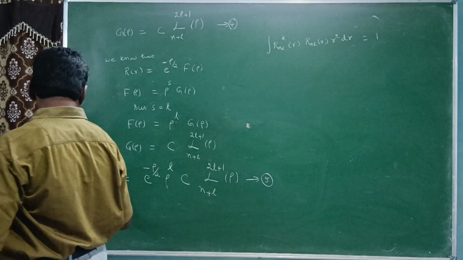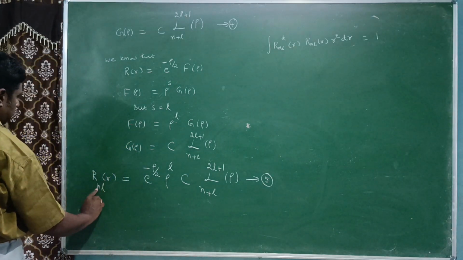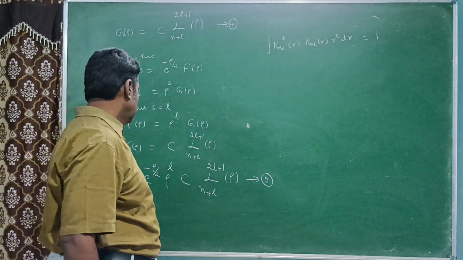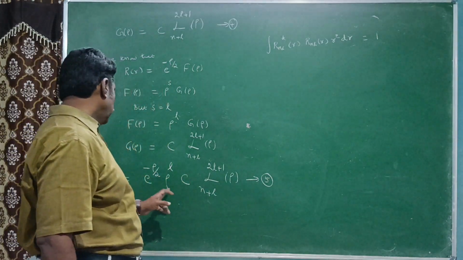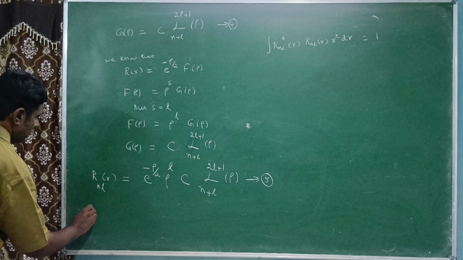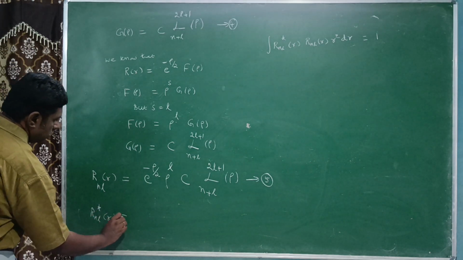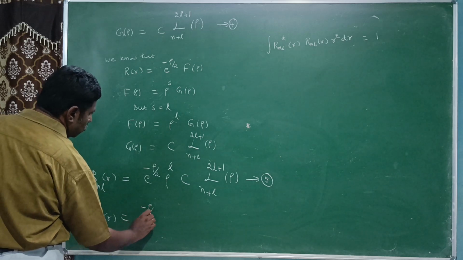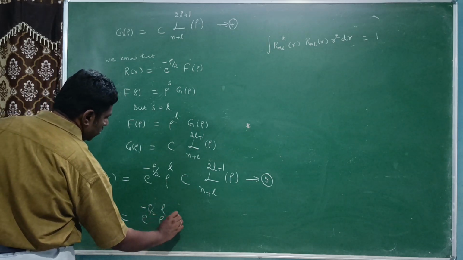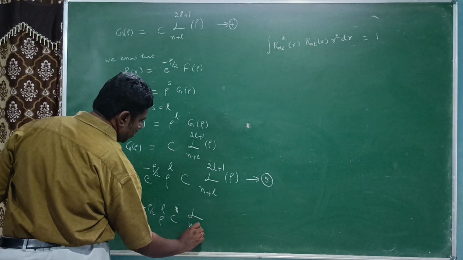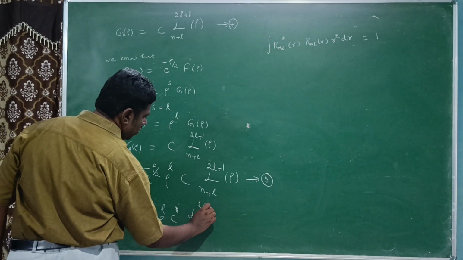Here nl: n is the principal quantum number, l is the orbital angular momentum quantum number. Say R nl of r is this much, R nl star of r equal to e power minus rho by 2 rho power l c star, then the same Laguerre polynomial.